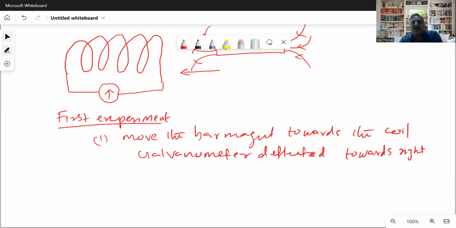Now he moved the bar magnet away from the coil. Then he observed that the galvanometer deflected in the opposite direction.